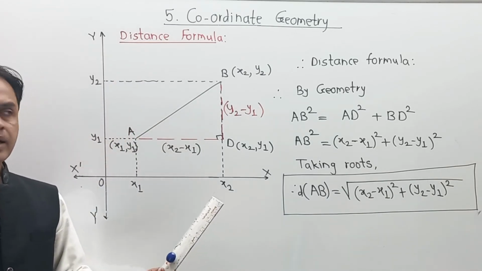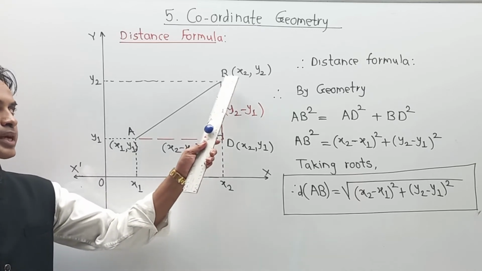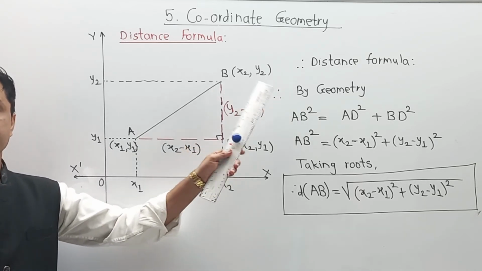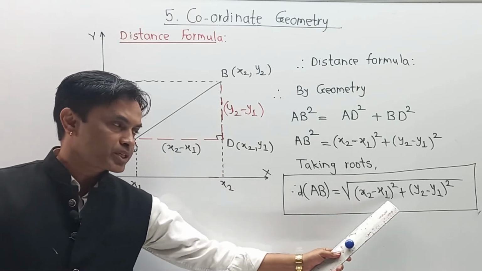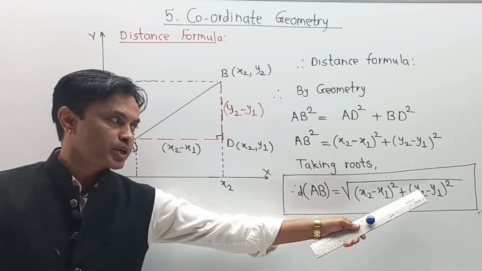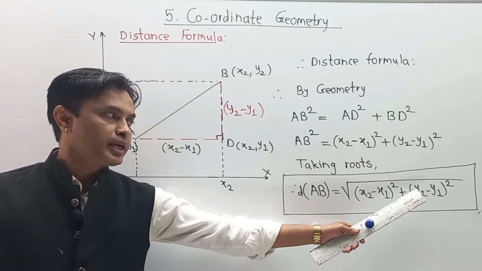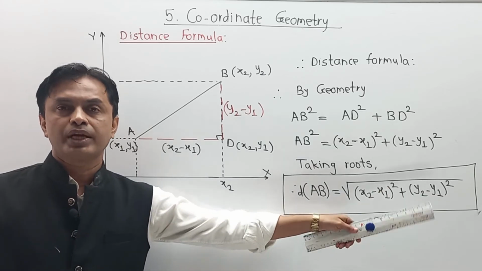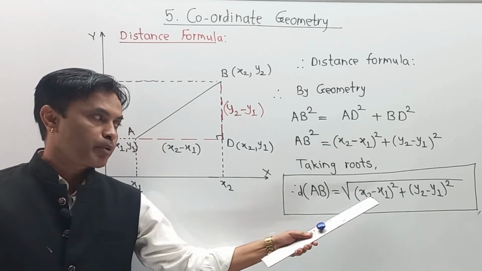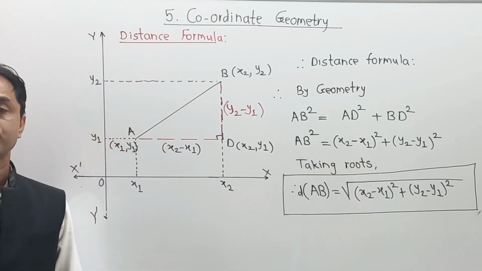And in this way, whenever we are given any points, the first point we indicate as x1 y1 and the second point as x2 y2, or the second point as x1 y1 and the first point as x2 y2. Due to subtraction and square, subtraction and square, in terms of the x coordinate and the y coordinate, a negative value automatically becomes positive, and a positive square is also positive, so your entire distance always comes out as a positive number.